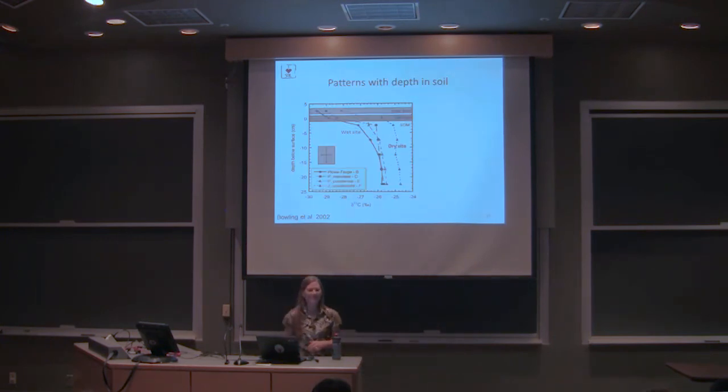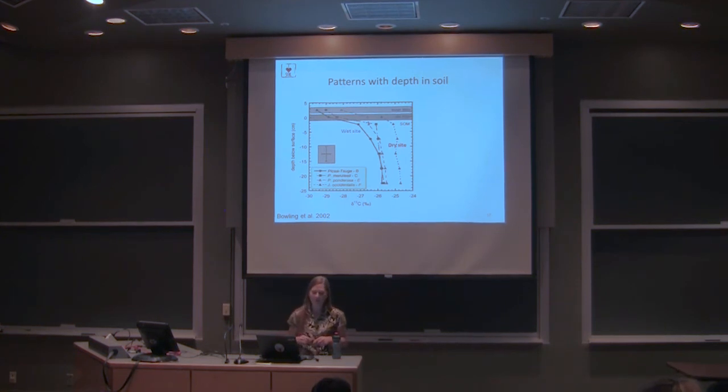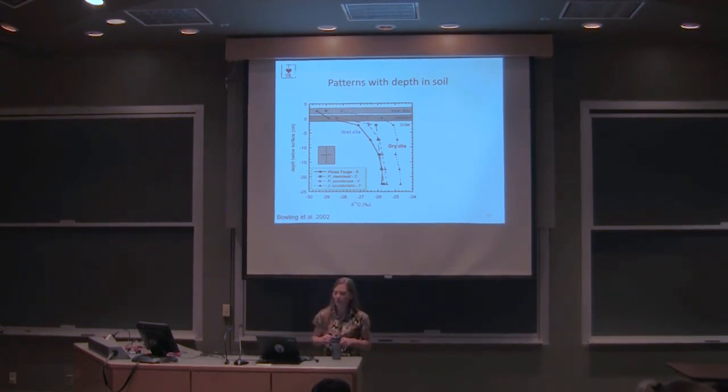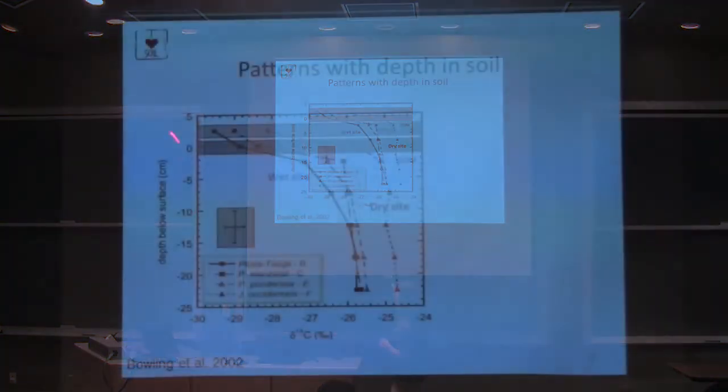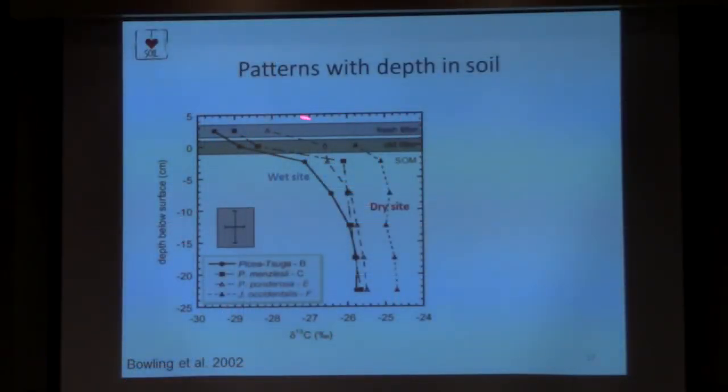We're going to keep looking at a few different pieces of evidence here. This is from a paper that Dave Bowling wrote when he was a postdoc, where he went to a series of sites across a humidity gradient in the Pacific Northwest. He's looking at a depth transect. So he's got the litter layer, the fresh litter, the old litter, and the mineral soil organic matter. It's a C3 site.